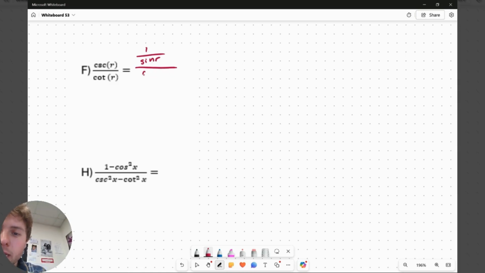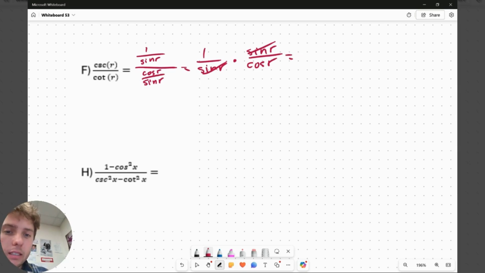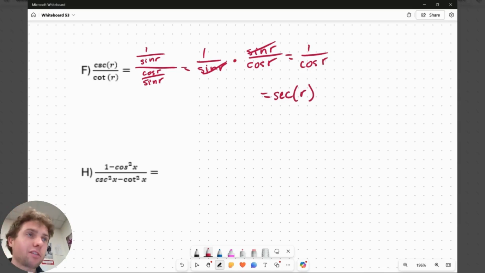I do know cotangent is that. I know that if I divide fractions, I can copy dot flip to change it to now that. Sine divided by sine is gone. This is 1 over cosine r. 1 over cosine r is the same thing as secant of r. And now I have another answer.